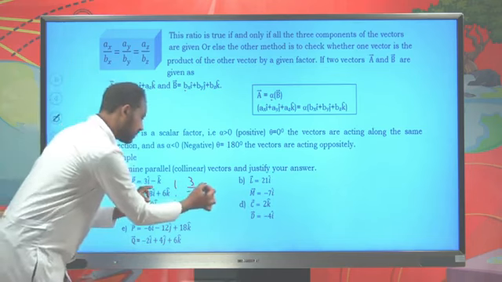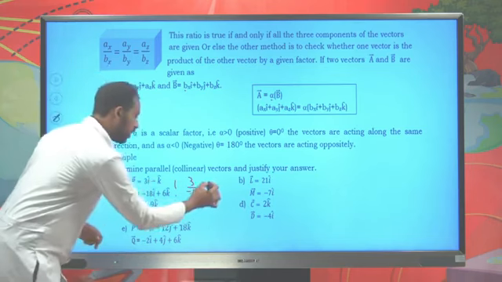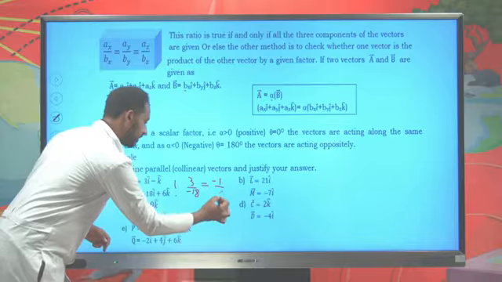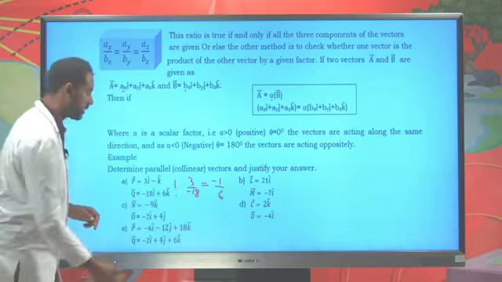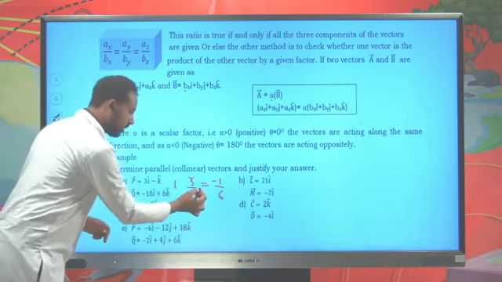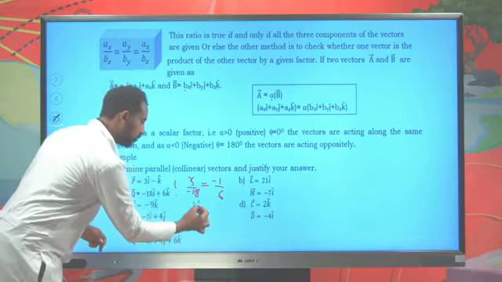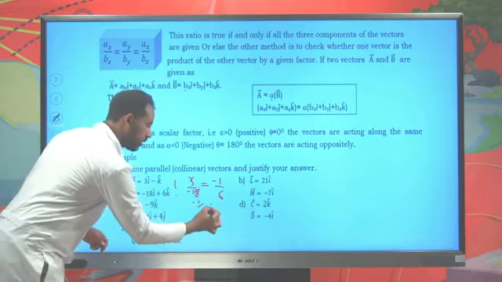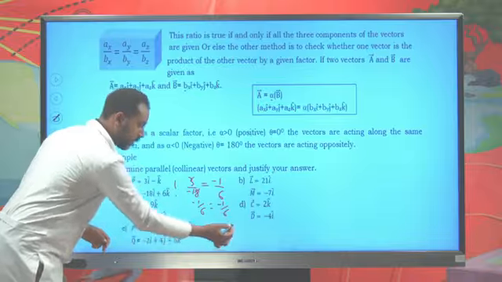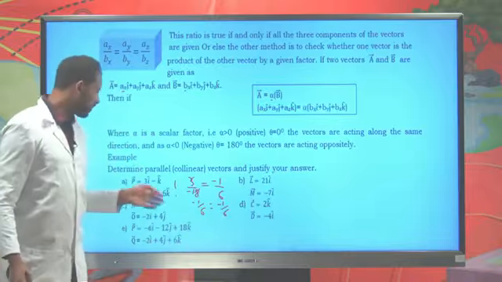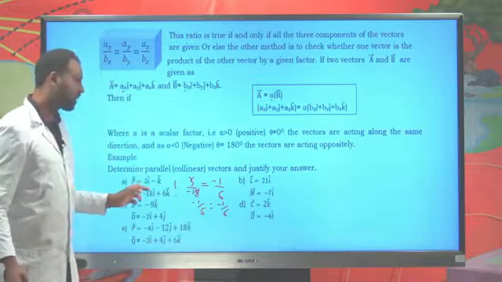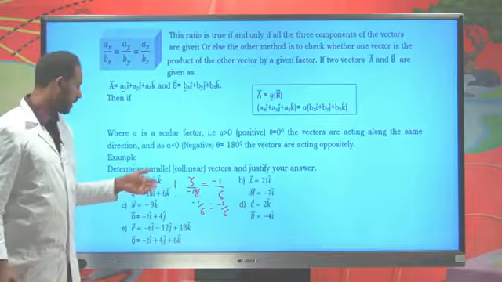You have to check whether these are equal or not. When you simplify, negative 1 over 6 equals negative 1 over 6. They are equal, so we can say that these two vectors are parallel vectors.